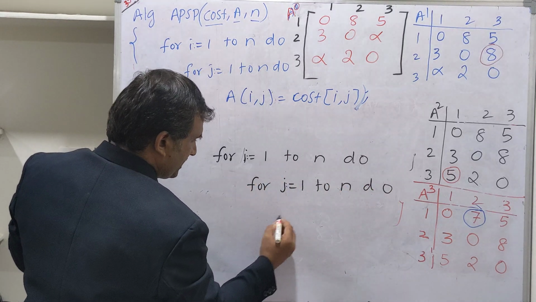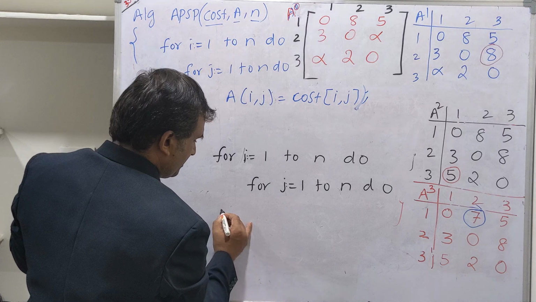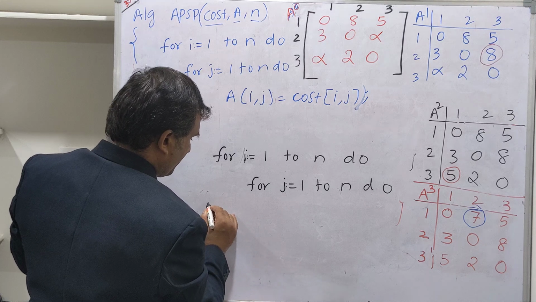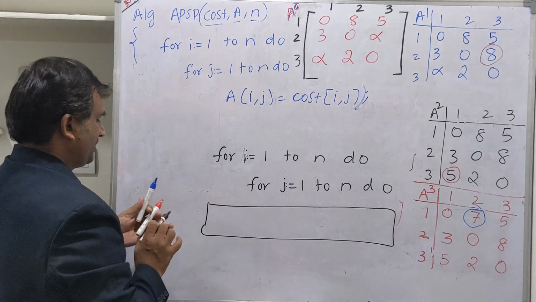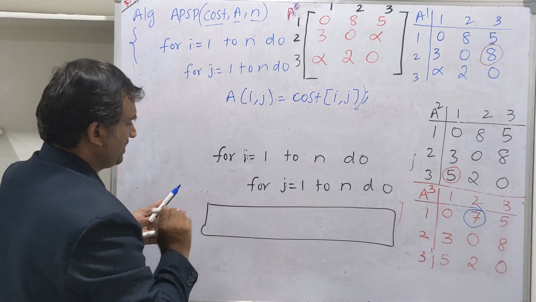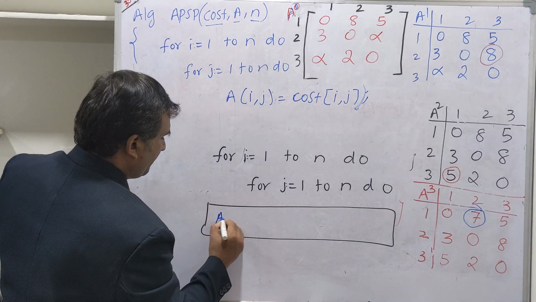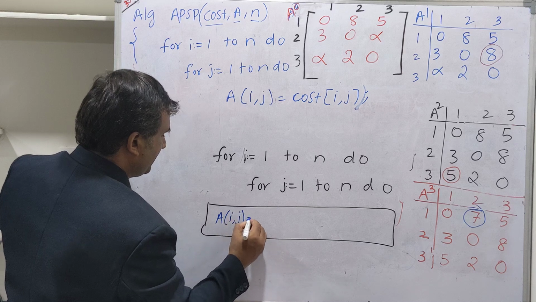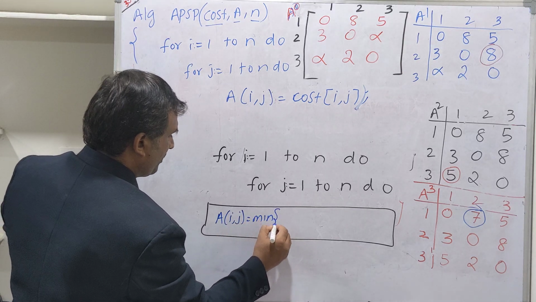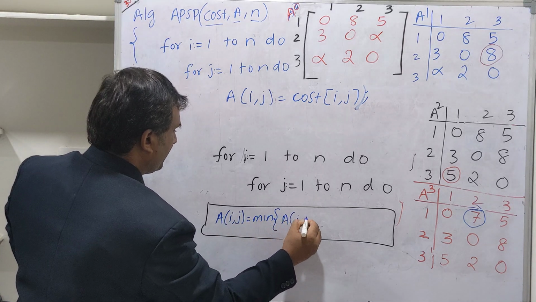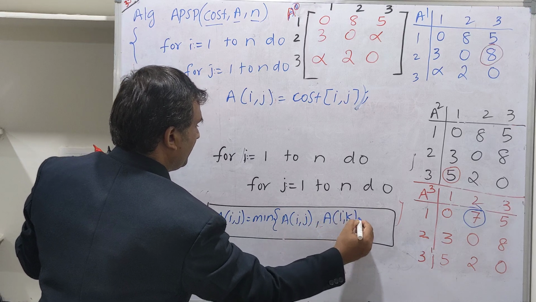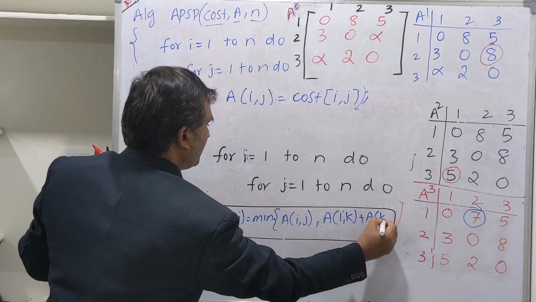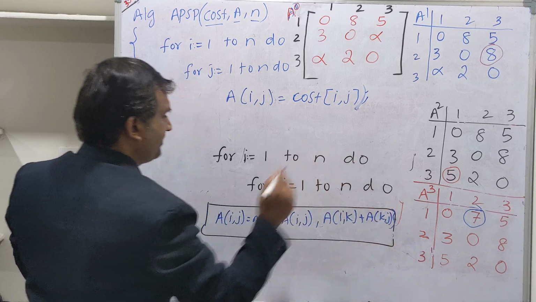What we have to do? The principle of optimality equation. We already know this. The principle of optimality equation is A of i comma j is equal to minimum of A of i comma j, A of i comma k plus A of k comma j.